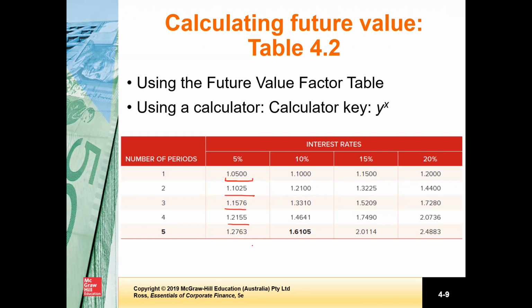So when you have a present value, for example 100, and an interest rate of 10%, after 1 year the value of your investment will be this, okay? And after 2 years, the value of your investment will be 1.1025. So you can also use this future value factor to find out the future value of an investment. And you can see that the future value factor is higher as the interest rate is higher, because the money will grow at a higher rate when the interest rate is higher.